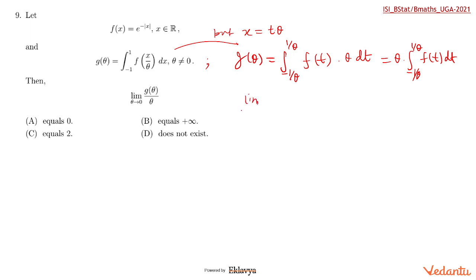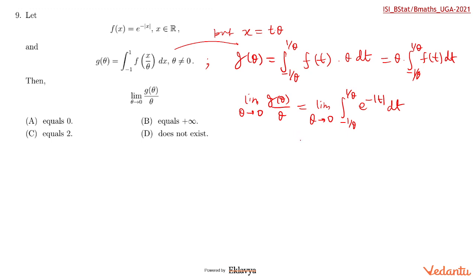Limit of theta tending to 0 of g theta upon theta. So this is simply the limit as theta tends to 0 of the integral from minus 1 by theta to 1 by theta, where ft is e raised to the power minus mod t, dt.